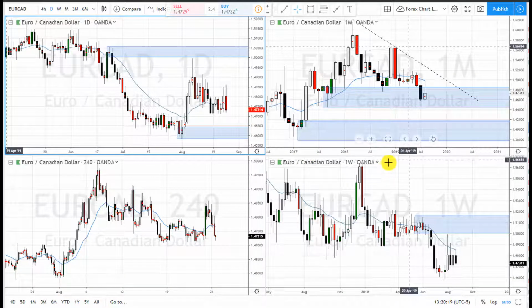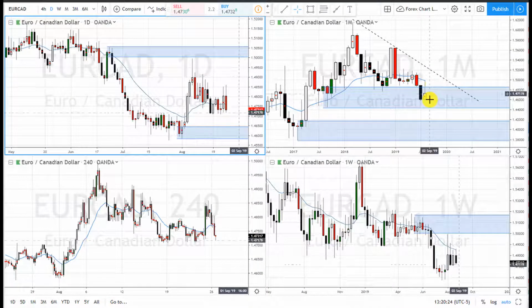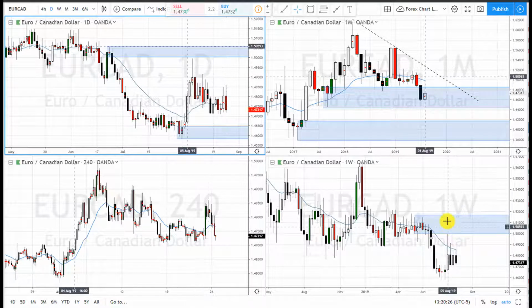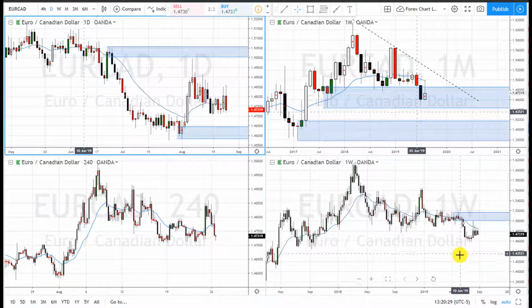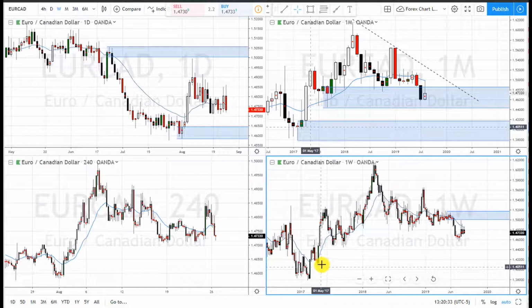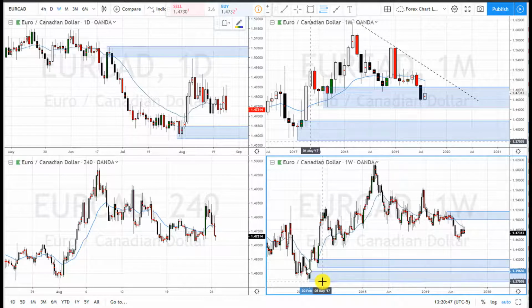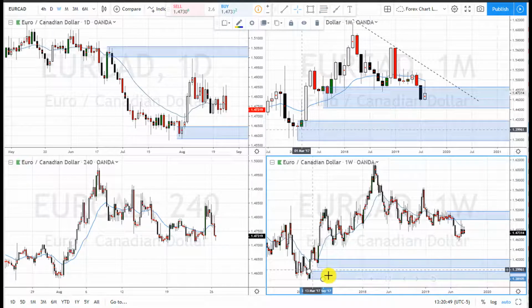So we're waiting for price to either rally on the monthly and rally up, and break this area of supply zone, or we are expecting it to go lower to this area of supply right here. And there's two levels here, but then both of these are located within this area of demand on the monthly.